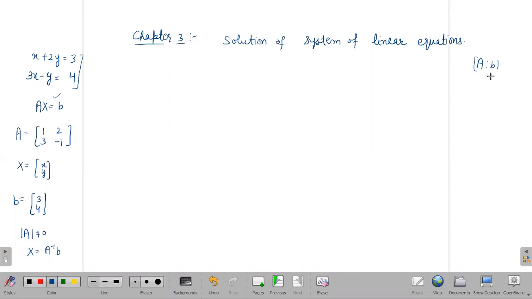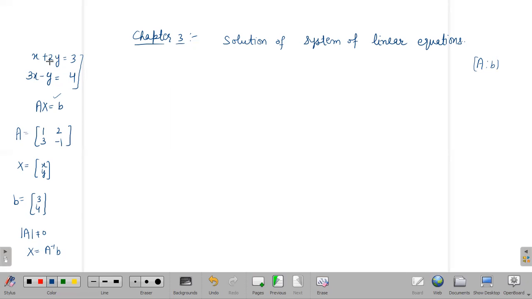So we will reduce this matrix into the upper triangular matrix, either upper triangular or lower triangular. Then we will use the substitution also. That is another method to find the solution of the system of linear equations. That is also an analytic method actually. And we will do the numerical methods also. But here in the first section of the third chapter, we will do the analytic methods only.